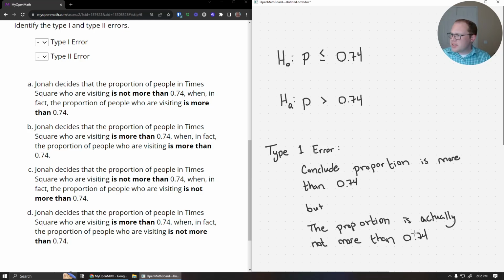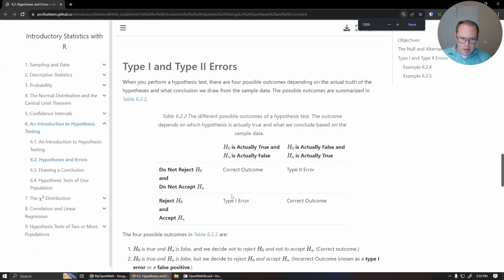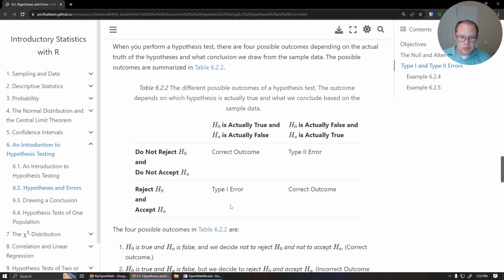So by the way, off to the side here, I'm looking at the table so that I can remember which is a type 1 and which is a type 2 error. It is easy to get them confused, so use your notes, use the tables and the resources available to you so you can make sure that you identify correctly which is a type 1 and which is a type 2 error. So I'm focusing on type 1 error, and I'm focusing on the alternative in this case.